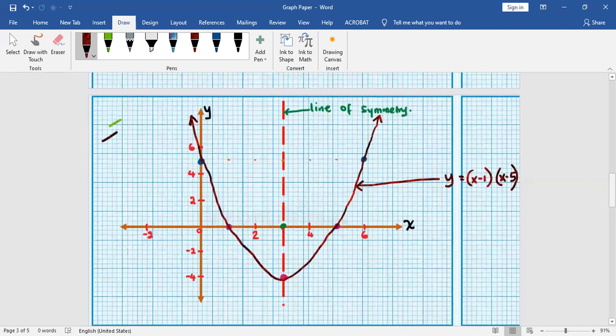I have sent the pictures to your group so that no one will get any excuse. You should be able to see it very well and go ahead and answer number 1 and number 2.